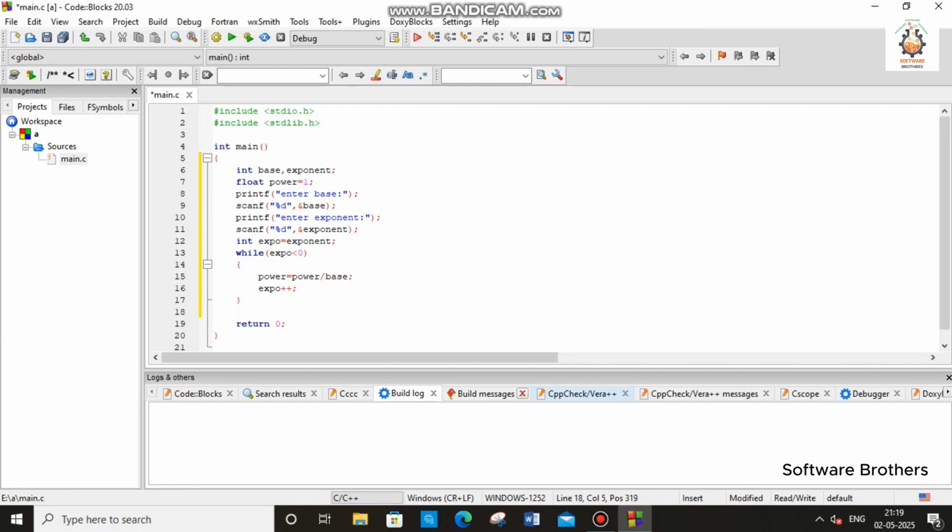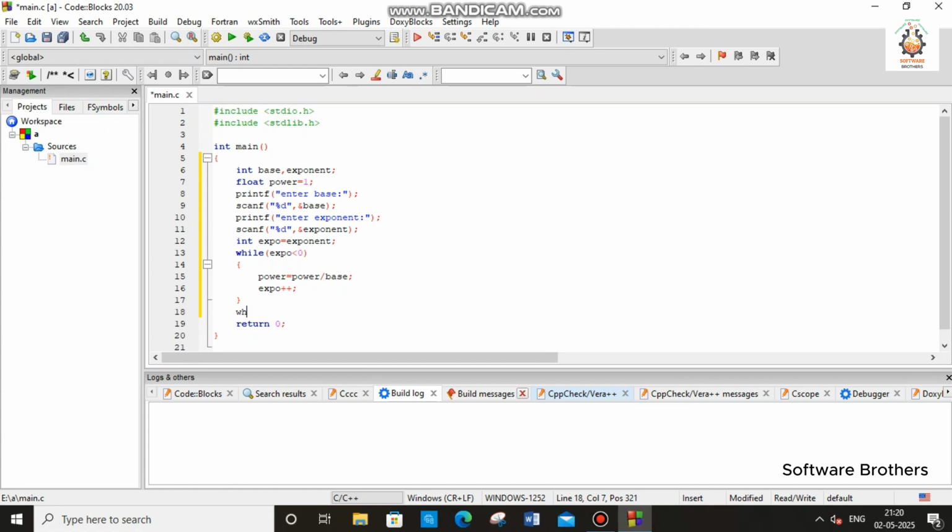Now for the next part, we should include the one for our positive exponents, in order to calculate the power of the positive exponents. So this one is actually referring to our power of negative exponents. Similarly, with the help of this same consideration, we should mention the power for our positive exponent as well.